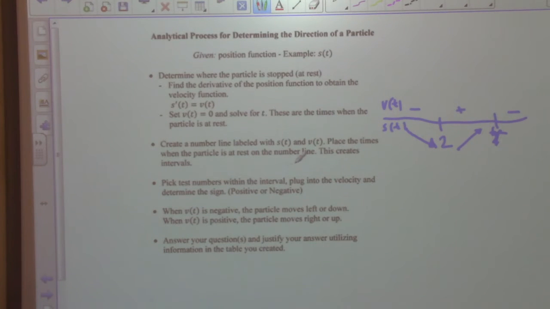And this creates intervals. Then pick test numbers and plug in the velocity to determine the sign, positive or negative. And the cool thing that will really help us, and this ties back into pre-calculus last year, is that if you know this zero, whatever it is, has a multiplicity of 1, you can just find the sign, and then at the next interval it'll just change.